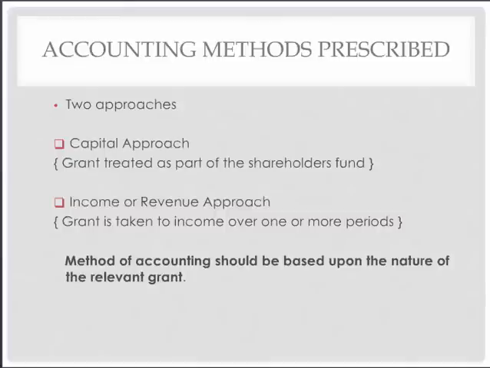Which approach you follow depends upon the nature of the grant. Some grants you follow capital approach, some grants you follow income approach. We will in future slides learn where to follow capital approach and what is capital approach. Similarly, we will also learn where to follow income approach and how to follow income approach, or what should be accounted for in income statement approach.